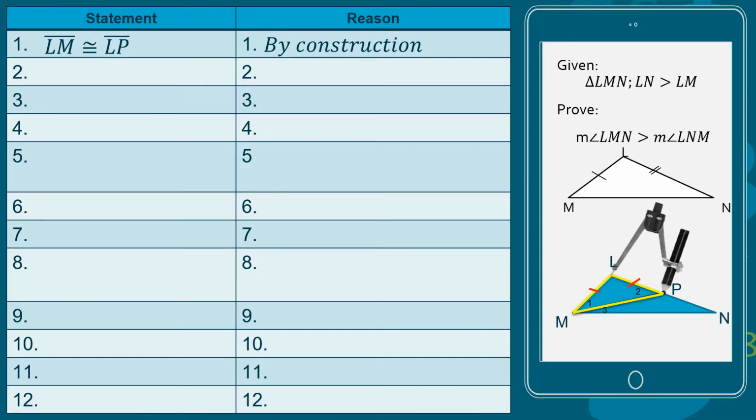Okay, now, based on statement number 1, what kind of triangle is triangle LMP? Since LM and LP are the legs of the triangle and they are congruent, we can say now that triangle LMP is an isosceles triangle. And the reason is, of course, by definition of isosceles triangle.